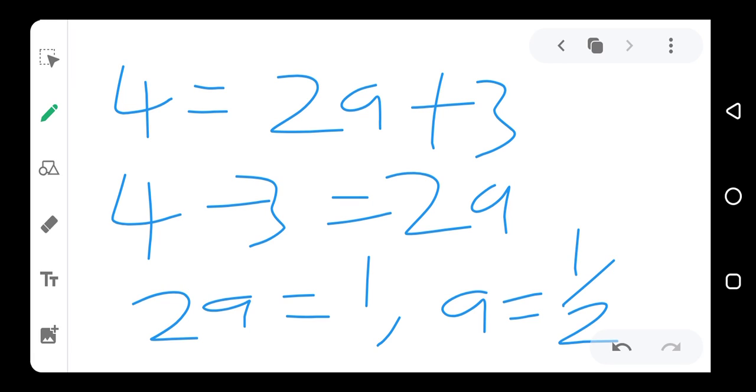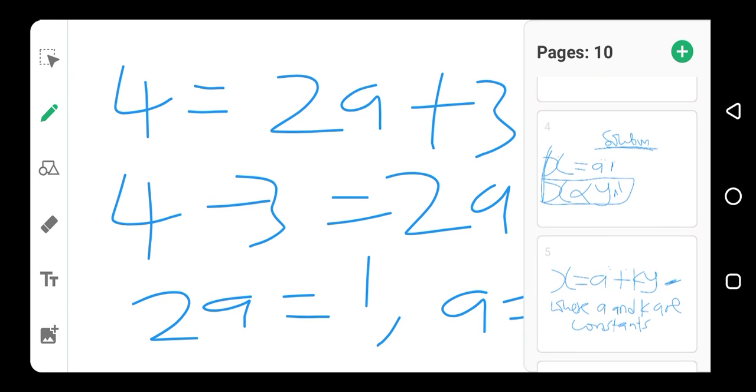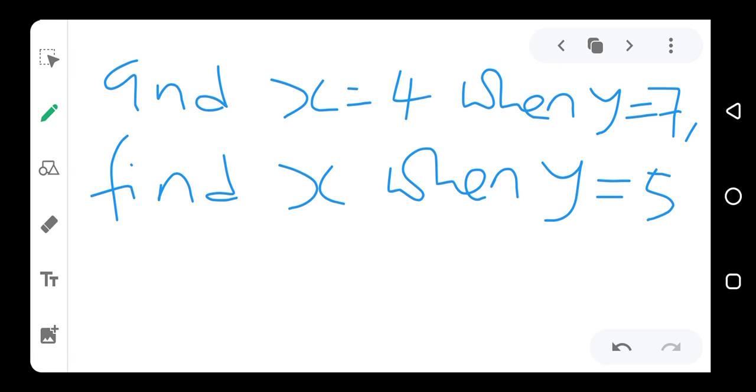Now, the question they asked us is that we should find the value of x when y is equal to 5. We cannot get the value of x when y is equal to 5 unless we know the two constants a and k, and we have gotten both of them.